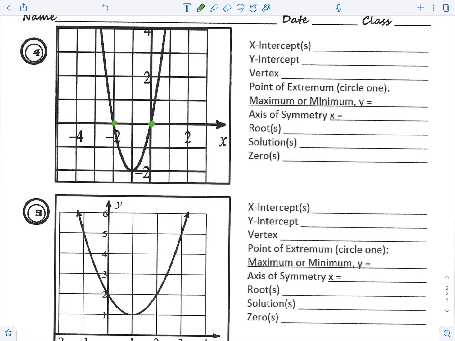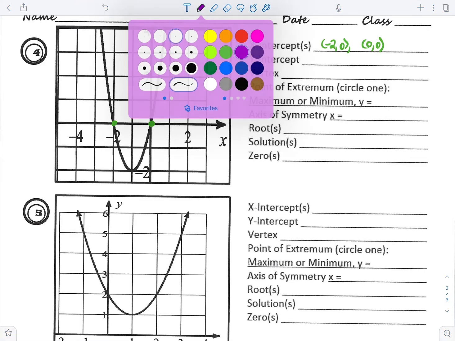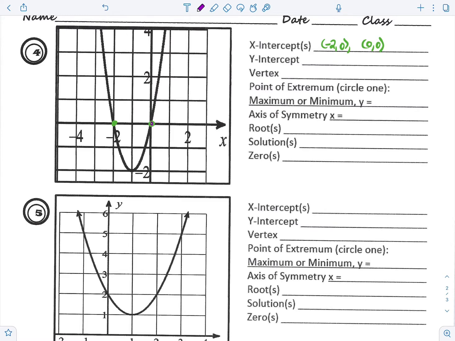The x-intercepts are (-2, 0) and (0, 0), also known as just negative 2 and 0. Well, what's our y-intercept? The graph crosses the y-axis right here as well, and that's where y is 0. So that's also the point (0, 0).